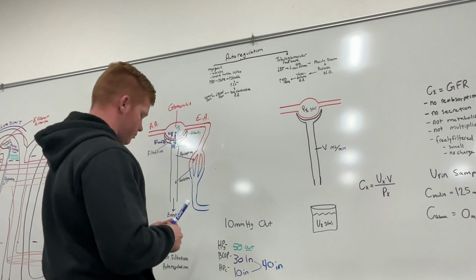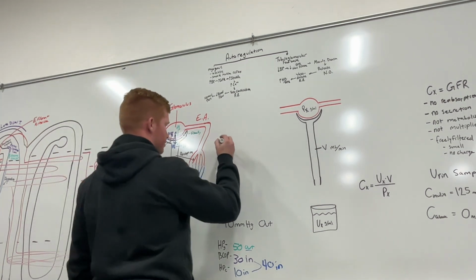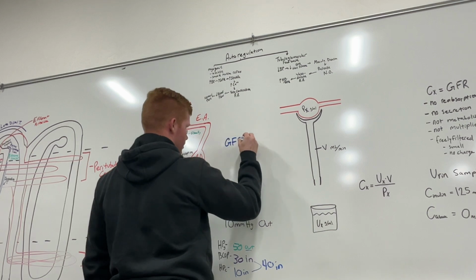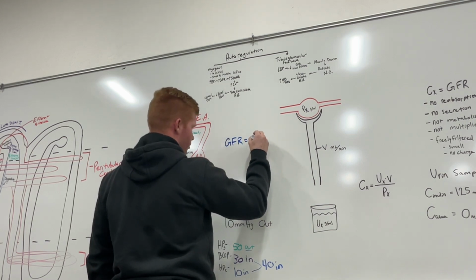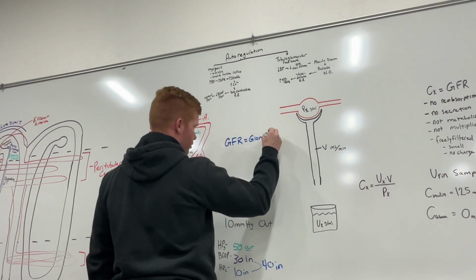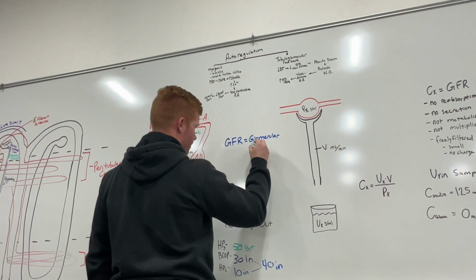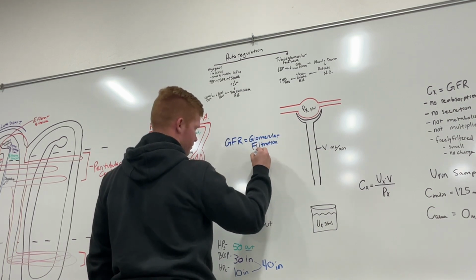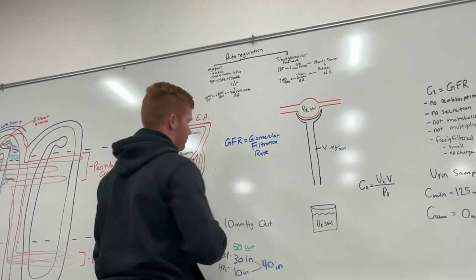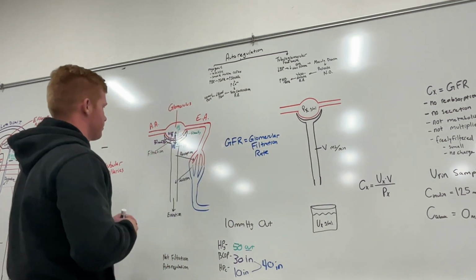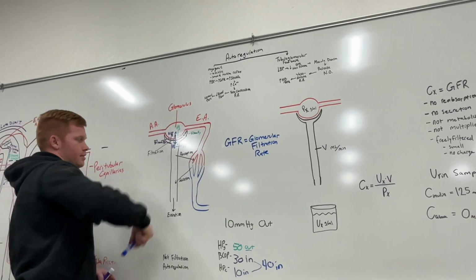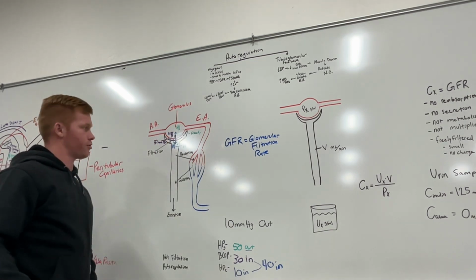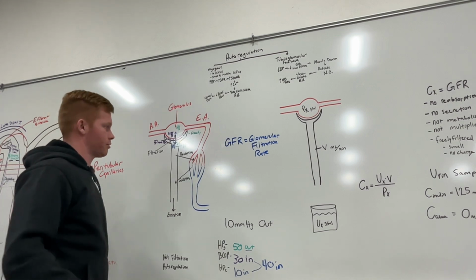Since we talked a little about GFR, GFR, like I just said, is the glomerular filtration rate. It's just the rate at which fluid is being filtered through this membrane into Bowman's capsule.